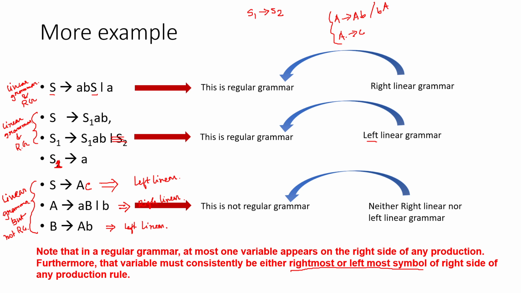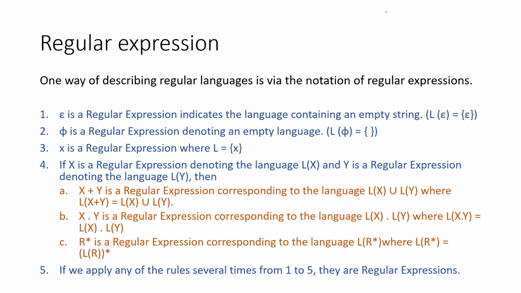Also you have to check whether there is a mixture of A to capital A small b or capital A to small b capital A. If there is a mixture, then it is not regular.